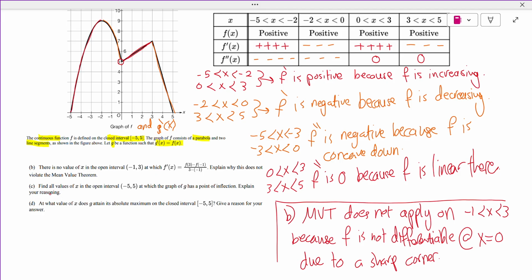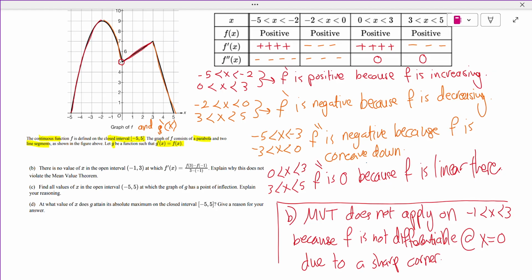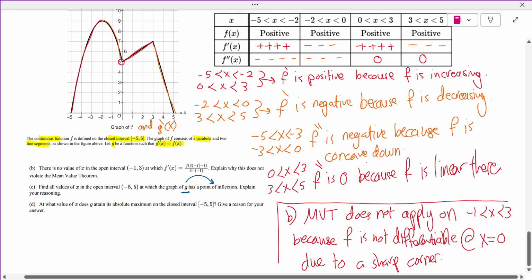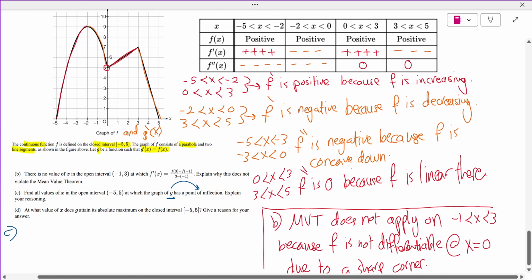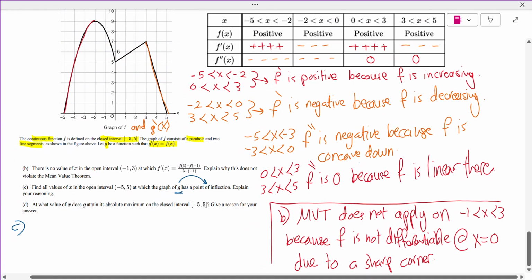So part C says find all values of x in the open interval at which the graph of g has a point of inflection. Well, we said this is the graph of f, and at the same time it's the graph of g prime of x. So now, okay, this is the graph of g prime.